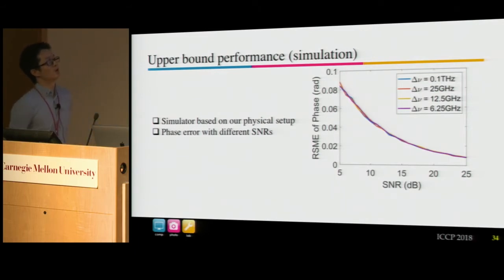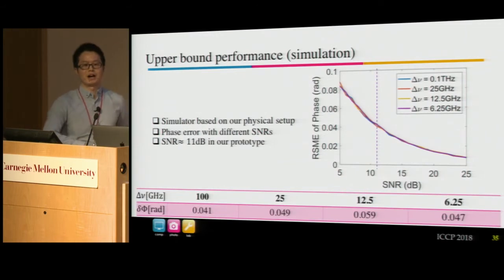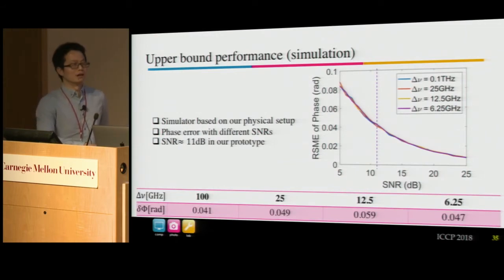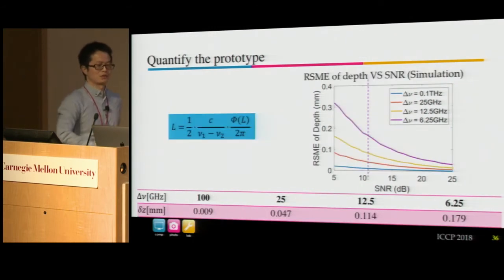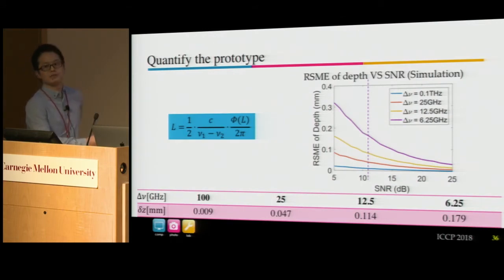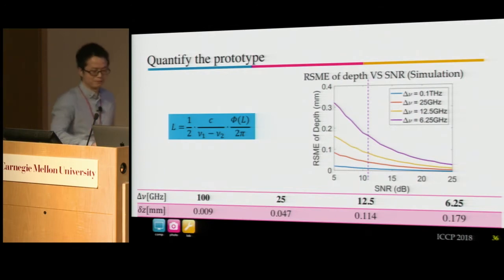But roughly, as you can see, interesting is the phase precision is going to be the same for different modulation frequencies, and we also roughly estimate the signal-to-noise ratio of our prototype, and it aligns very well with the simulator. Of course, at the same time we can use the depth estimation to quantify the depth precision as well. And we also compare our experiment results with the simulation results, and it also aligns very well.